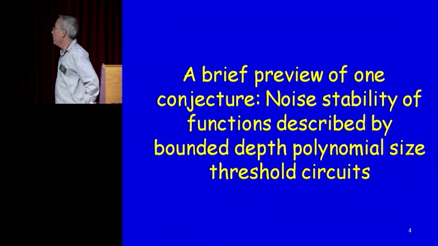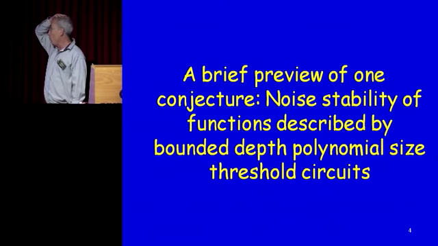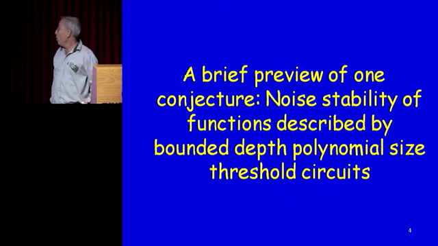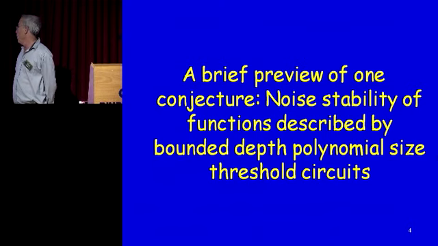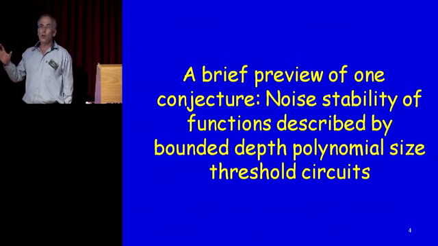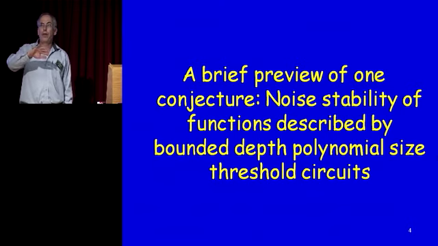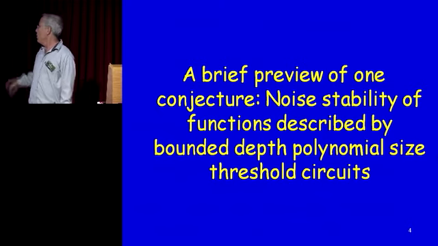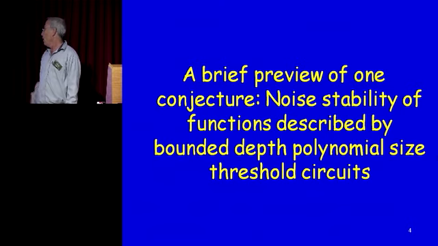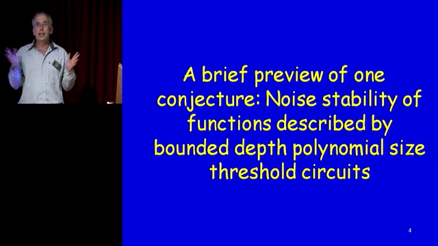Since this will come at the end, I want to mention already this conjecture. Some of the terms will be clarified later, but the conjecture says that if you have a bounded depth polynomial size threshold circuit, which is a computational device more general than a Boolean circuit, because the gates are not necessarily Boolean operators but also allow a threshold, so they allow majority function or weighted majority function, and if you have a monotone function described by such gadgets, then this monotone function will be fairly stable to noise.